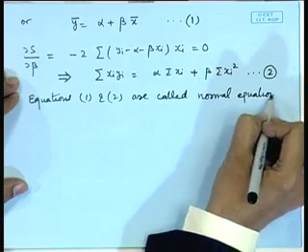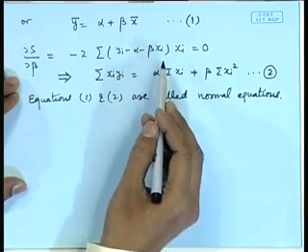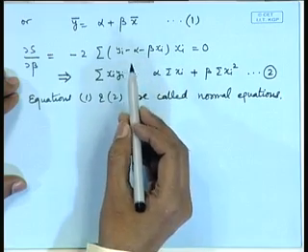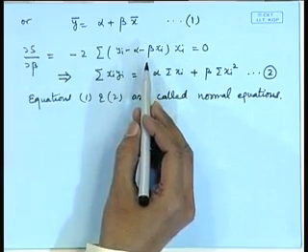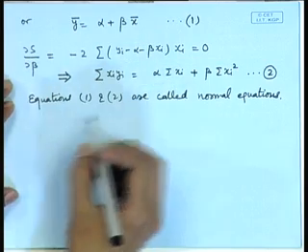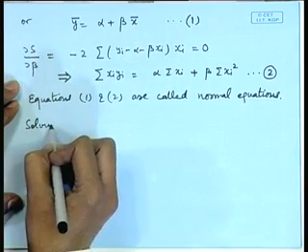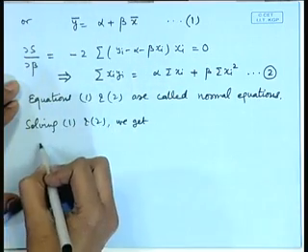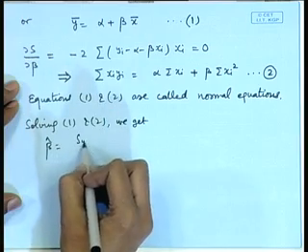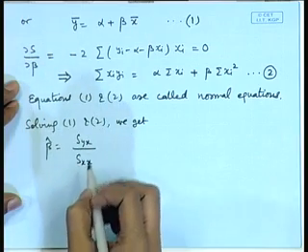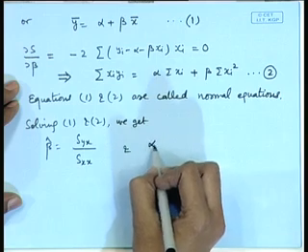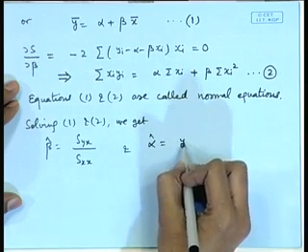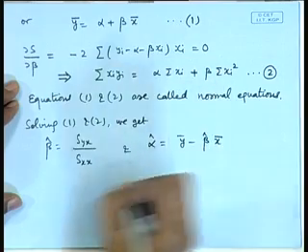So, if we solve equations 1 and 2, then we get the least squares estimates of alpha and beta. So, for example, solving 1 and 2, we get beta hat is equal to Syx by Sxx and alpha hat is equal to y bar minus beta hat x bar.